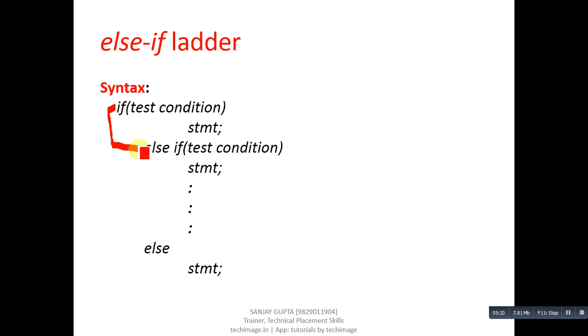Suppose this if condition is true, then this statement will be evaluated. If the first condition is false, then this if will be checked. If it is true, then these statements will be evaluated. If this condition is false, then this else statement will be executed. So if you want to check another condition when the first condition is false, then the else if ladder can be used.